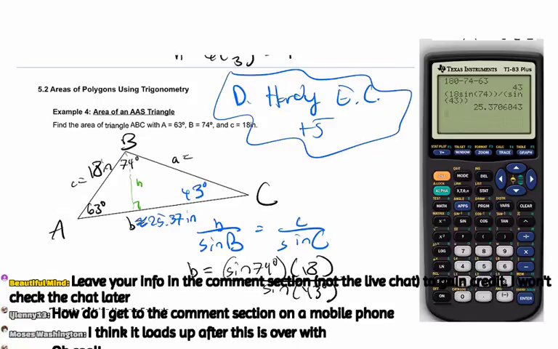The sine of angle A is h over c, so the height is 18 times the sine of 63. So we say 18 times the sine of 63 degrees, and we get 16.04.